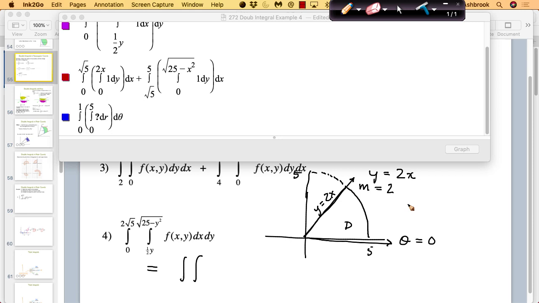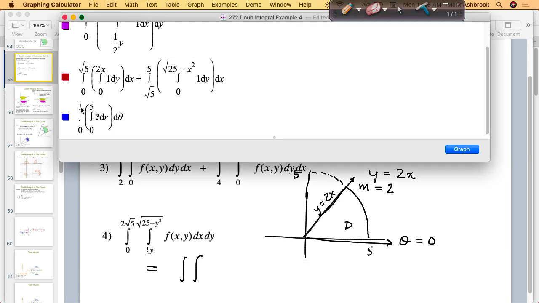So let's see if it works. So from 0 to inverse tangent of 2. Now, I want the double integral to give me the area. What should I put in the question mark? I want it to give me area. 1? Not right.